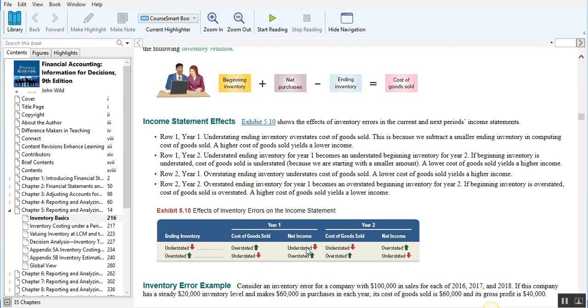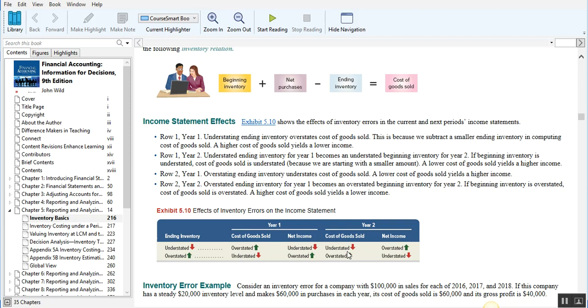That's in the first year. If, on the other hand, ending inventory is overstated, then cost of goods sold will be understated or too low, and that means net income will be overstated or too high, and that's the first year.